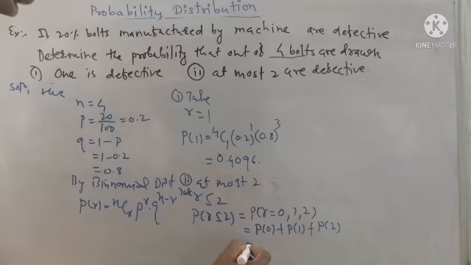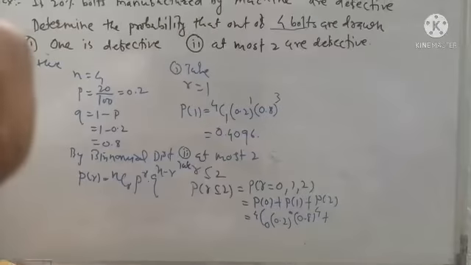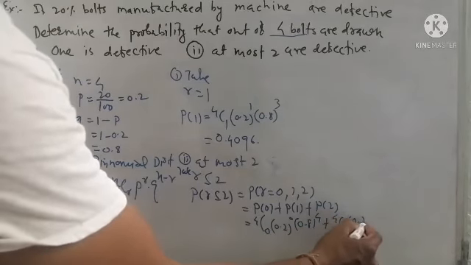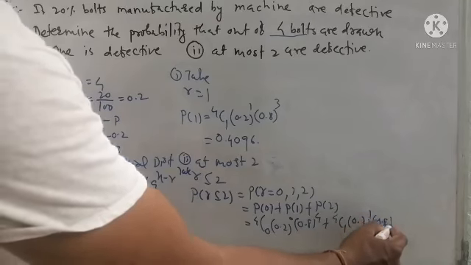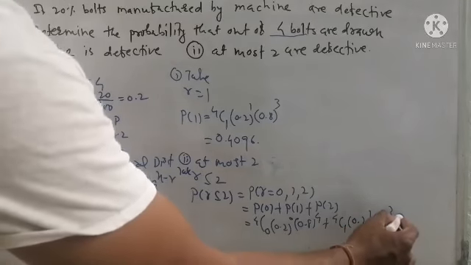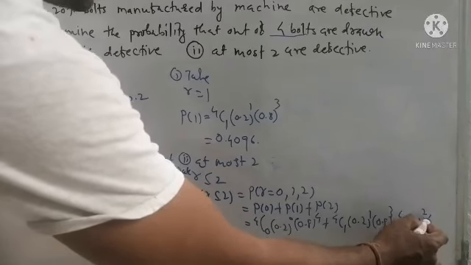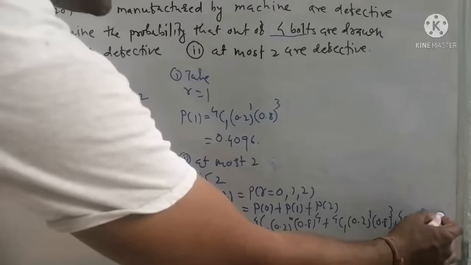Now putting P of 0, as R is equal to 0 in the formula, as n is equal to 4, we get 4C0, p as 0.2 raised to 0, q as 0.8 raised to 4 minus 0, which is 4, plus P of 1 as 4C1, 0.2 raised to 1, 0.8 raised to 3, plus P of 2, 4C2, 0.2 raised to 2 and 0.8 raised to 2.